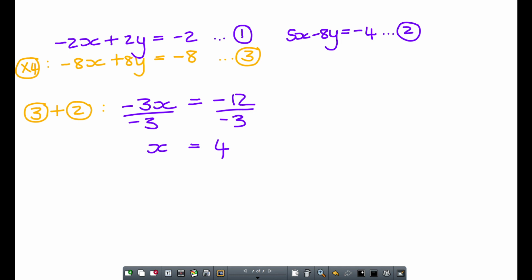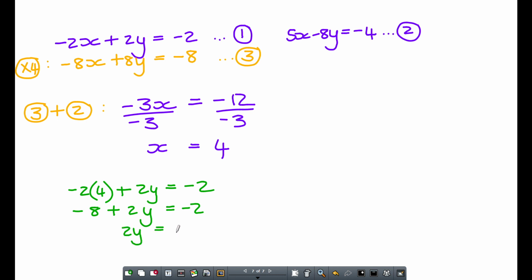Okay, so dan gaan ek hê minus 2 en in plaas van die x gaan ek hê 4 plus 2y is gelyk aan minus 2. So minus 8 plus 2y is equal to minus 2. 2y gaan wees 6. Wat beteken y is 3. You guys good?